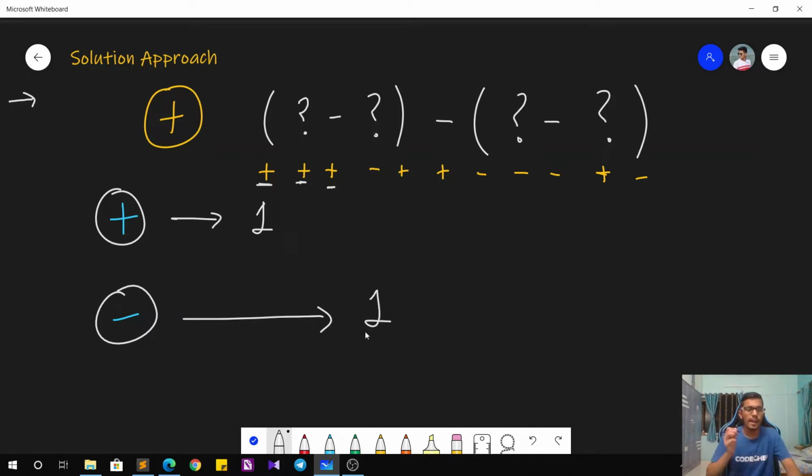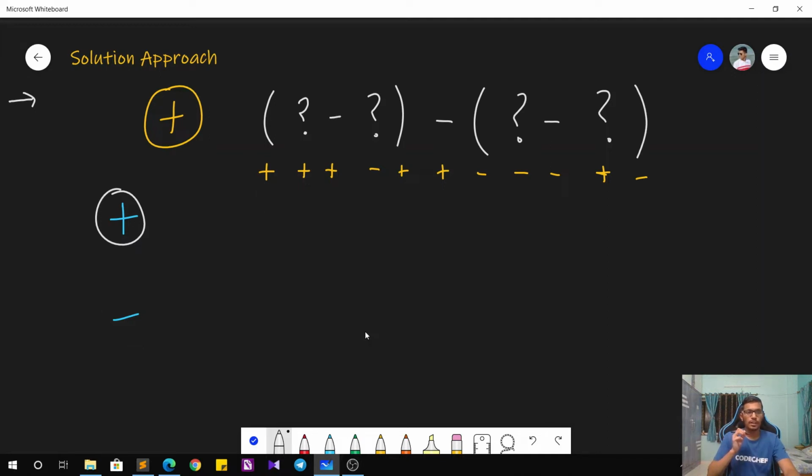That will store the maximum possible sum ending at that index, from the beginning of the string. In the beginning we have zeros over here. Then we have a question mark, and the sign is plus, so we increment by 1 over here. The one below remains as it is, 0.